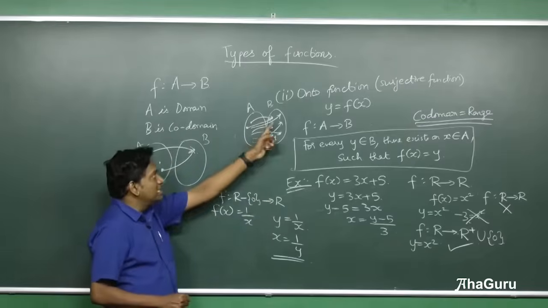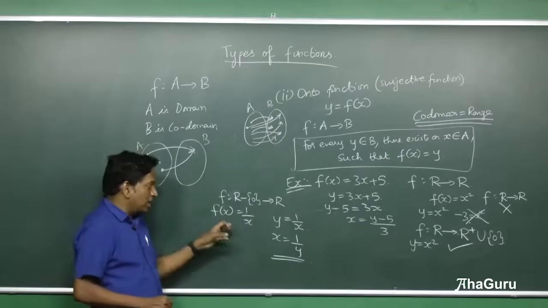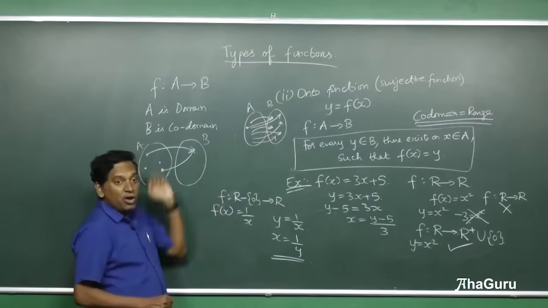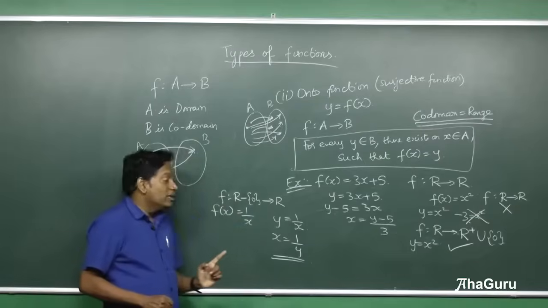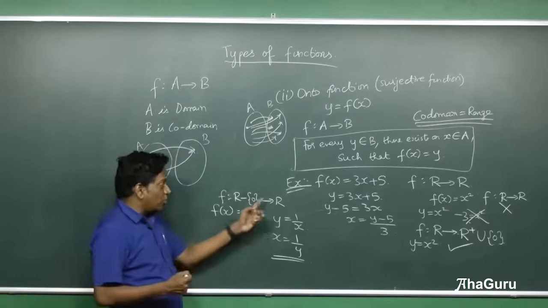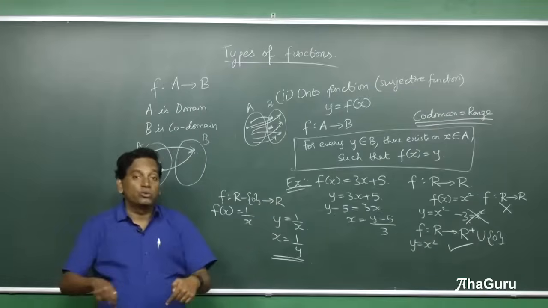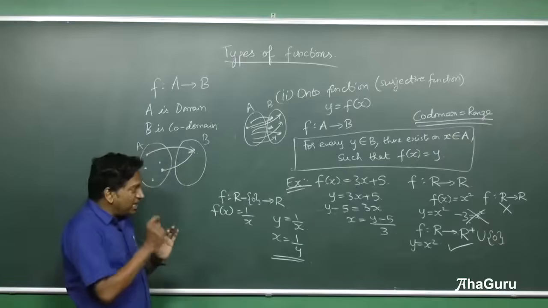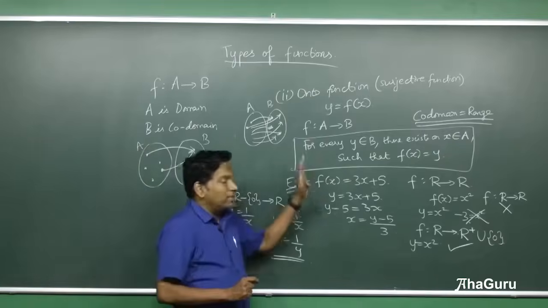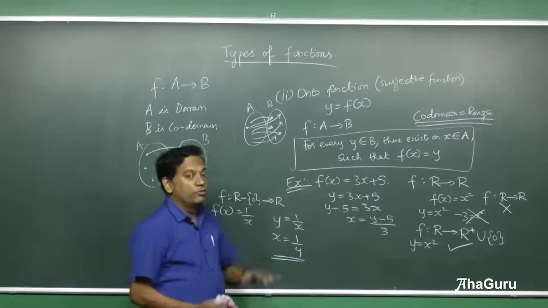No arrow is leading into 0, because there is no number called infinity or minus infinity on the left hand side, which means this is not an onto function. So you have to now define your codomain also as R minus 0. If you do that, then it becomes an onto function. So you have to be very, very careful with what the codomain is for an onto function.